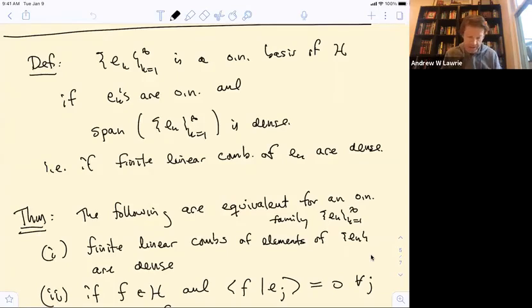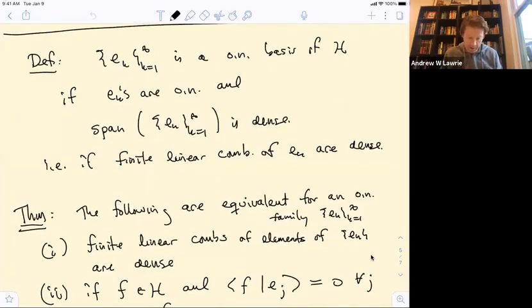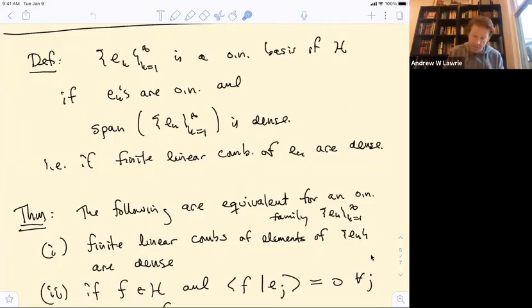We'll see in this class that essentially there's only one of these, where they're all isometric to each other. A basis is an orthonormal family of elements with dense span, i.e. finite linear combinations of basis elements are dense.